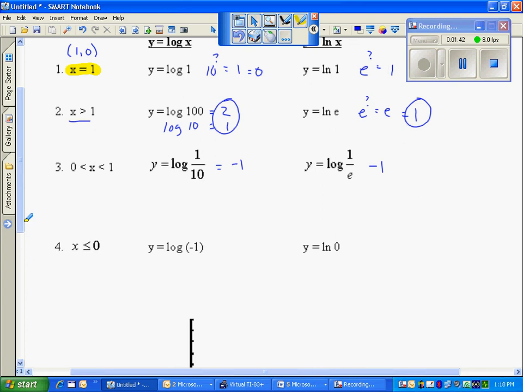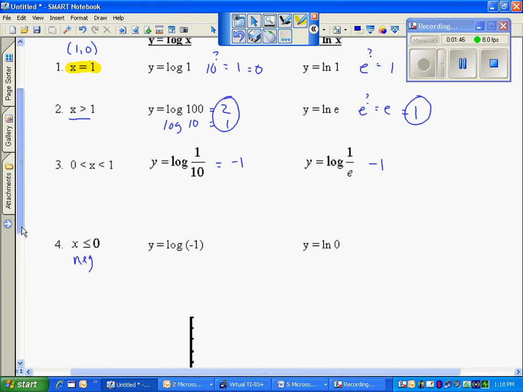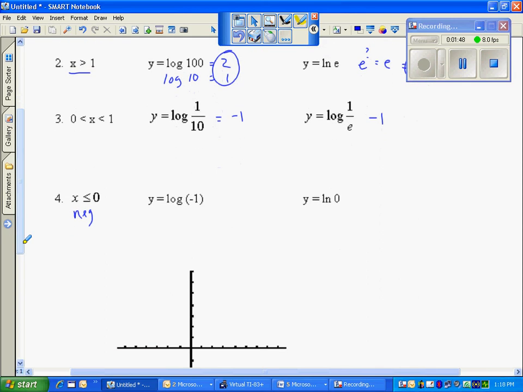Then what happens when x is less than 0, or in other words, a negative value? Again, we're going to convert this into exponents. 10 to what power is -1? 10 is positive. There's not an exponent that will take a positive 10 and change it to a negative value. So we're going to say that does not exist.